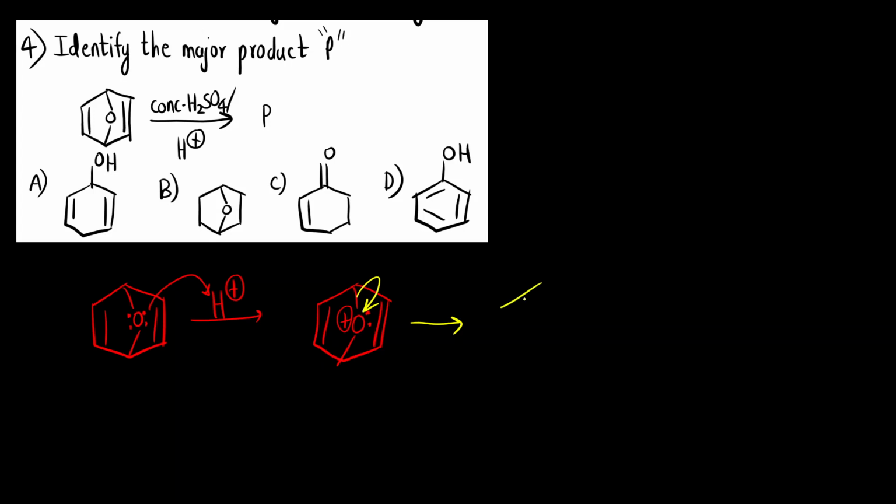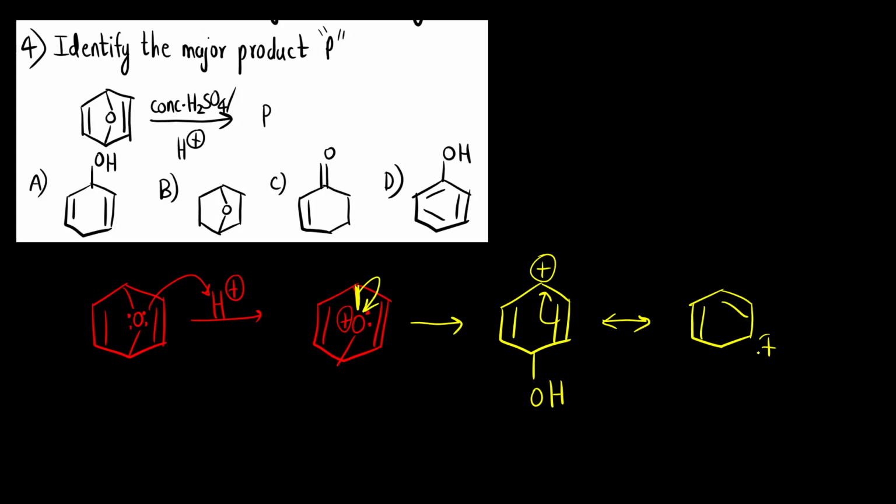What we will get is, here we have a double bond, OH, and this bond is broken, so here we will have a positive charge. Now what we can do is an extended conjugation. This can shift here. The resonance structure I'm drawing has a positive charge, OH.